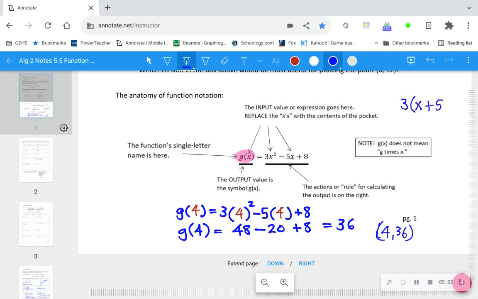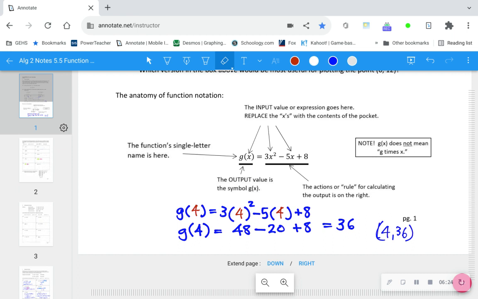When you put a number up against a parentheses, what you mean is 3 times this amount. In this context, though, the g of x over here does not mean that. It's not g times x. And if you don't know that, you'll do a lot of damage to your problems, because you'll try to divide by x or you'll try to divide by g, but there's no multiplication between them.